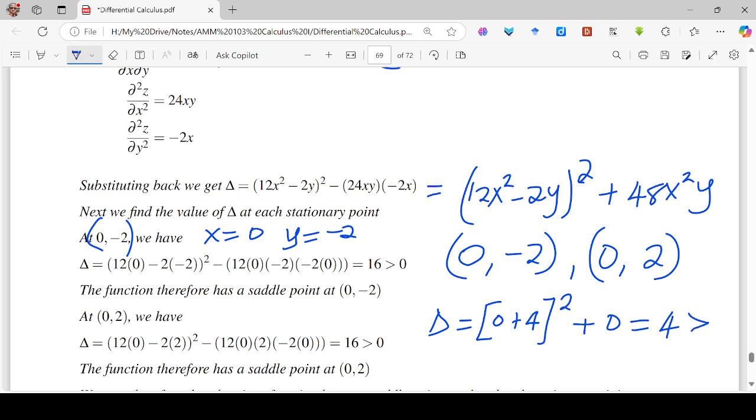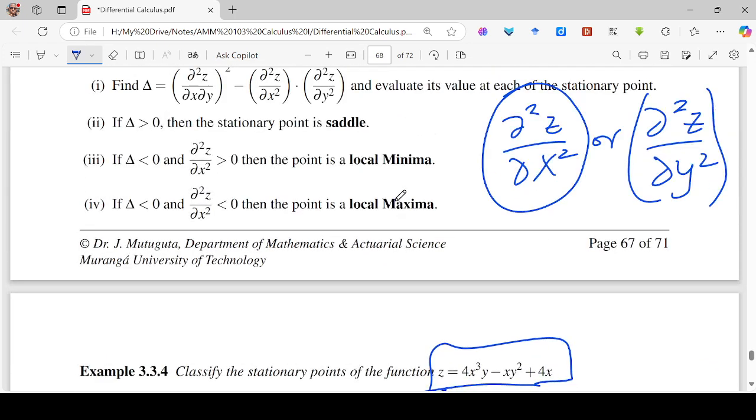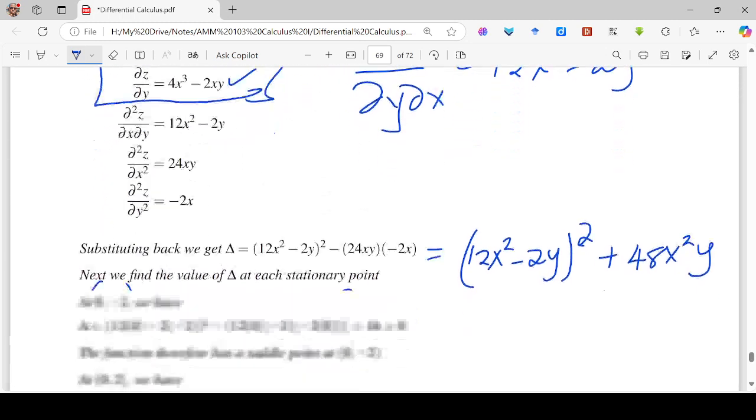This quantity is positive. This one is greater than 0. And we have said when delta is greater than 0, then the point is a saddle point. So (0, minus 2), in this case, is a saddle point.